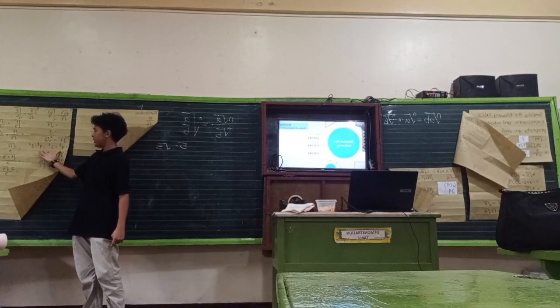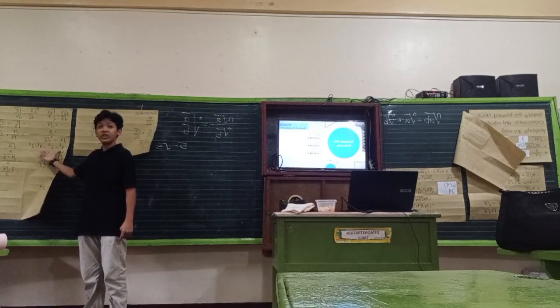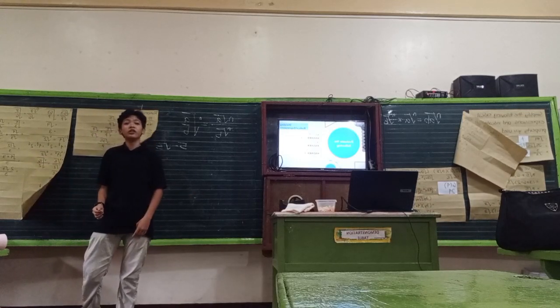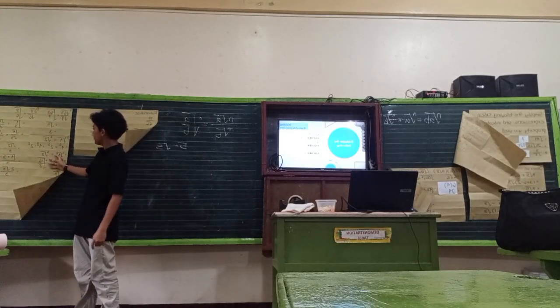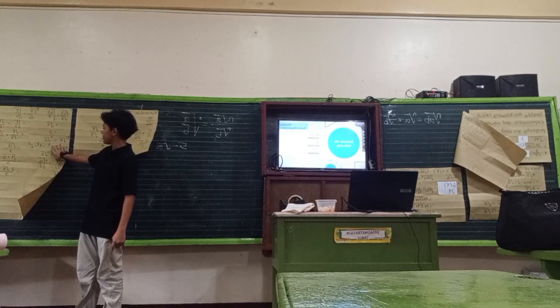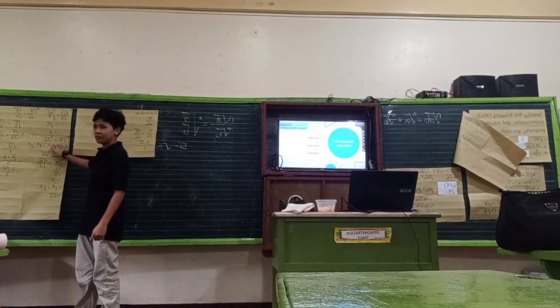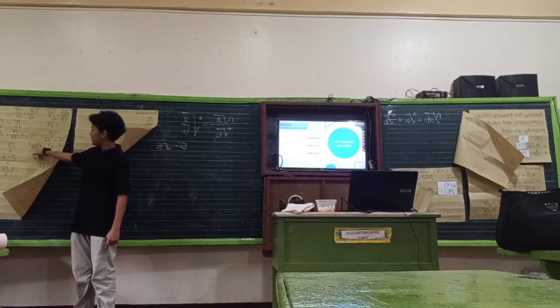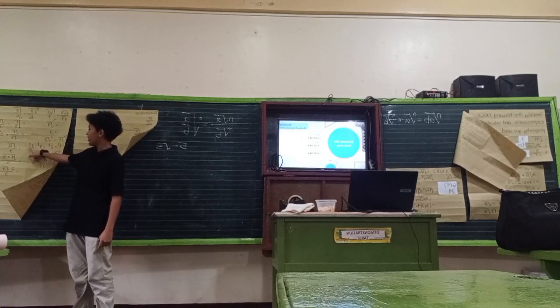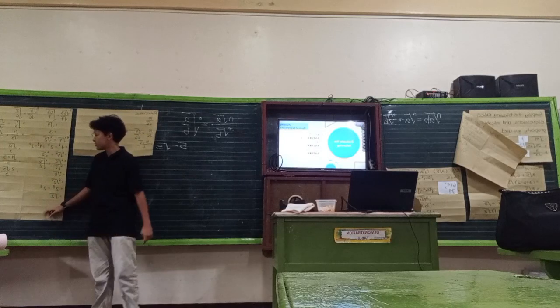What did she do in here? She transformed it into exponential form. That's correct. Very good, very good. So, transform it. Then, she found the common denominator so that what?